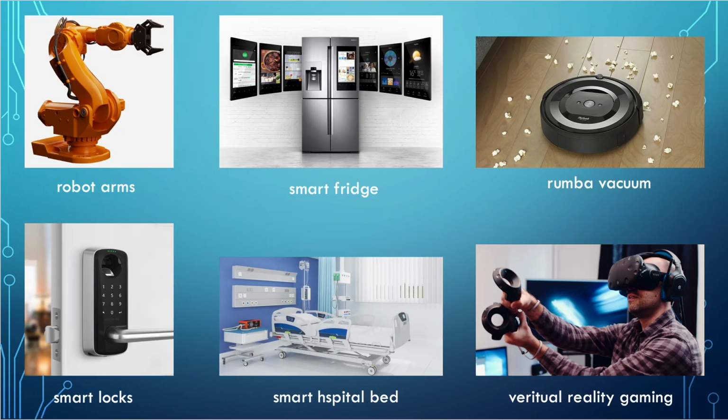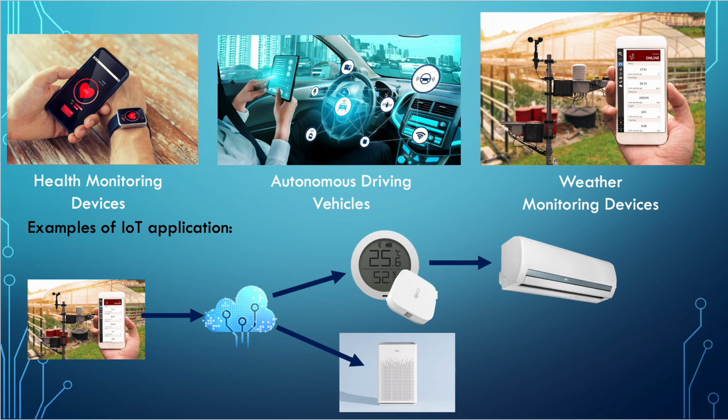And we also talked about complex embedded devices which are part of IoT, such as robot arms, smart fridges, Roomba vacuum cleaners, smart locks, smart hospital beds, virtual reality gaming, health monitoring, driverless cars, and weather monitoring devices. So today we are going to look at examples of IoT applications.